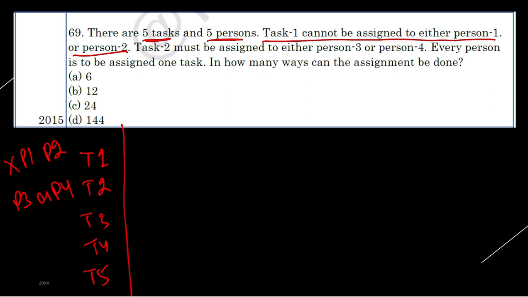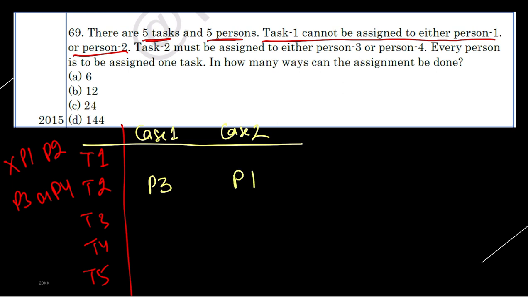Now, how many cases are possible? Case number 1 and case number 2. Why? Because T2 can be done by P3 or by P4. Only these 2 cases are possible for T2, so that is why we are making 2 cases. In the first case, task number 2 is being done by person number 3.